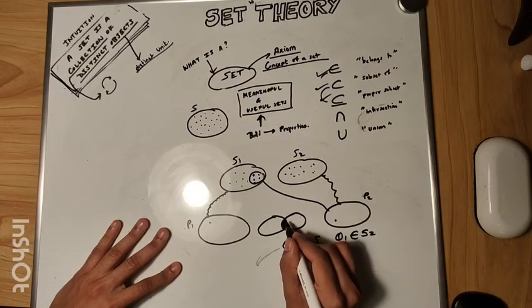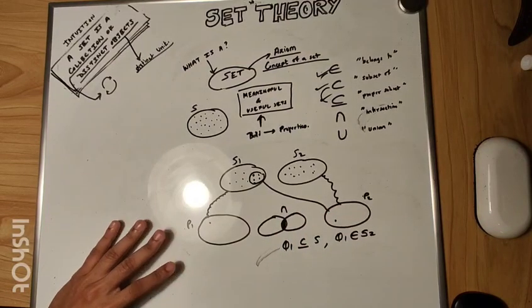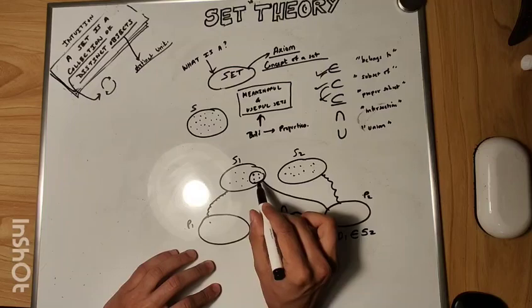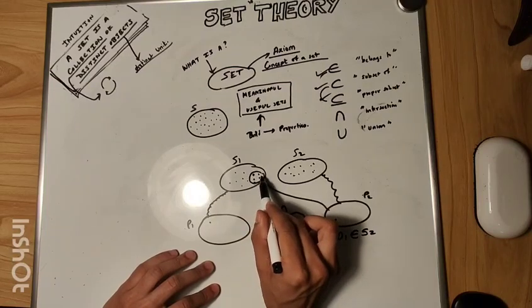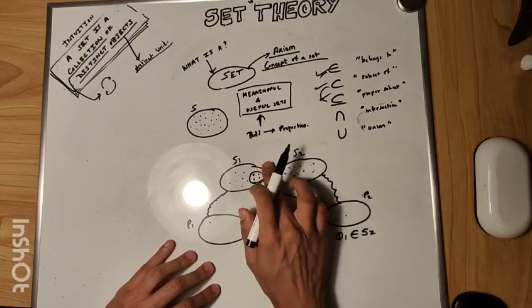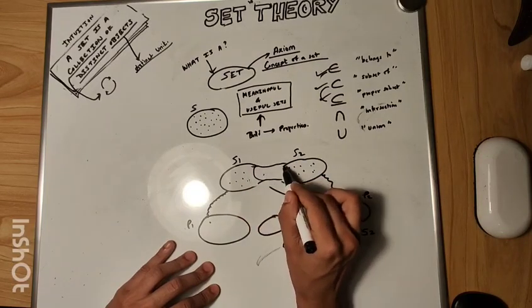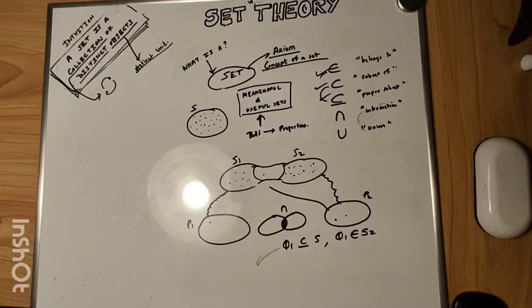And that is this part, and this is what we call an intersection. So it is all about properties. If we can find a group of elements from S1 that satisfies these properties, then we can say without a shadow of doubt that there is an overlap between these elements.